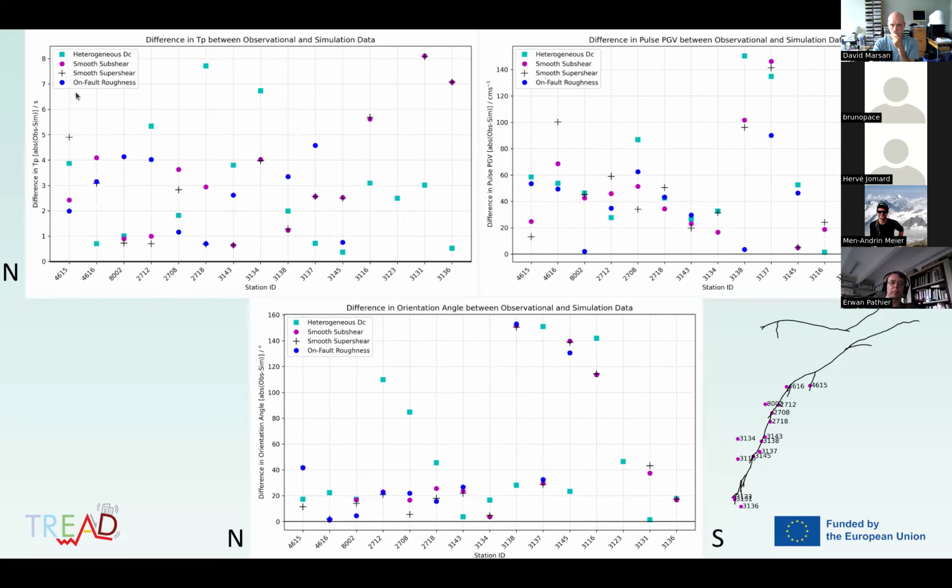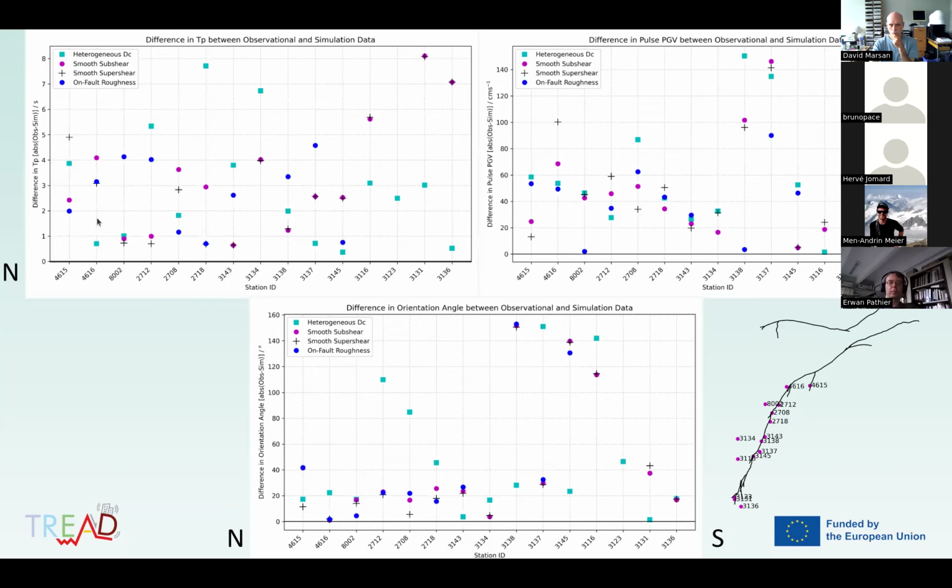Each symbol represents the different simulations. And now here I've also included the supershear initiation. So the light blue squares are the heterogeneous DC. The pink circles are the smooth but subshear. The pluses are those with a supershear initiation, and the blue are those with on-fault roughness.